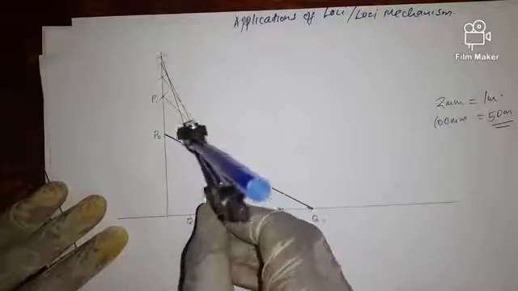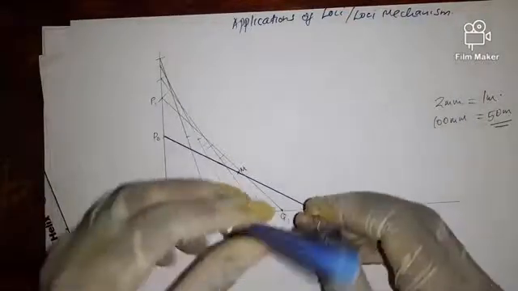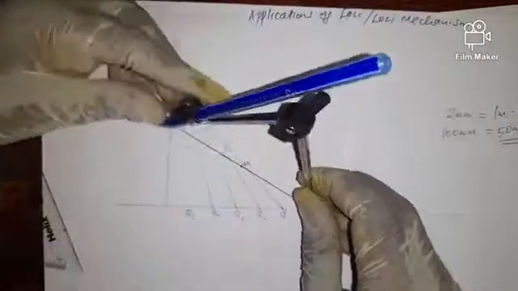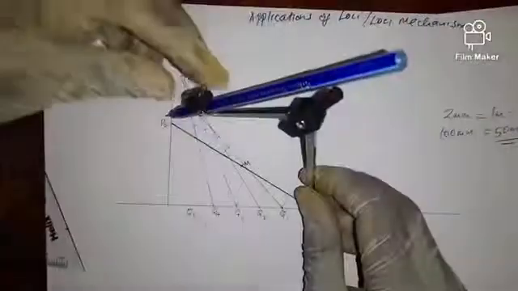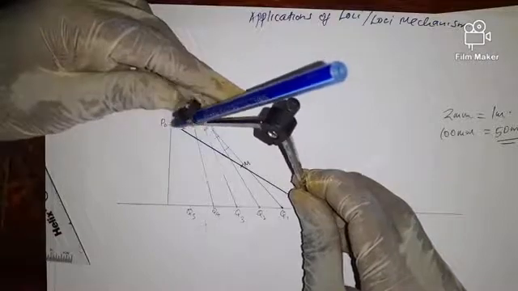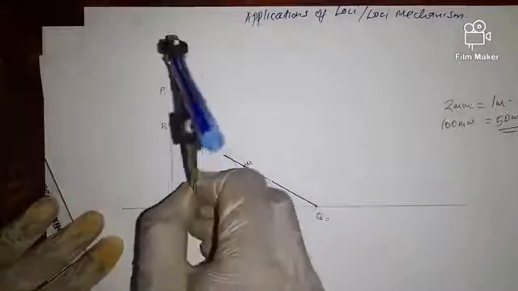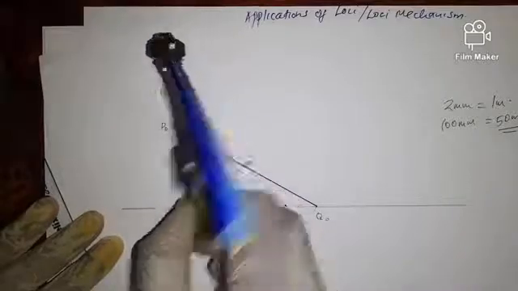This is our new M. Next, move our ladder to position Q5, cut on the wall, join.